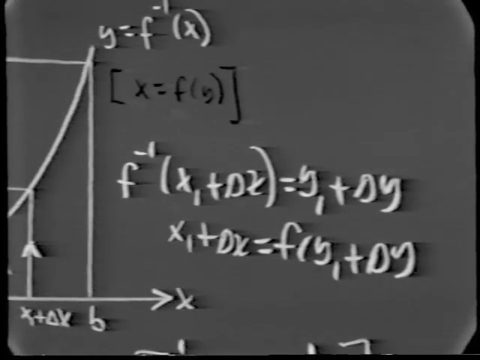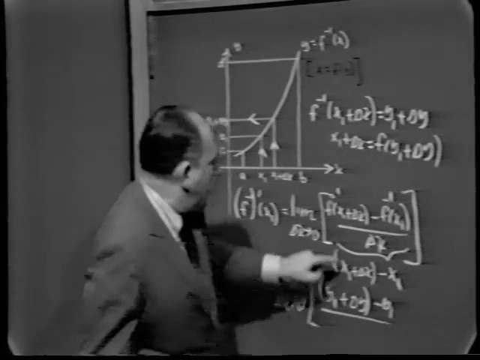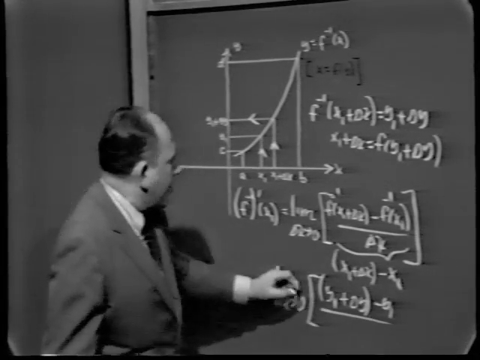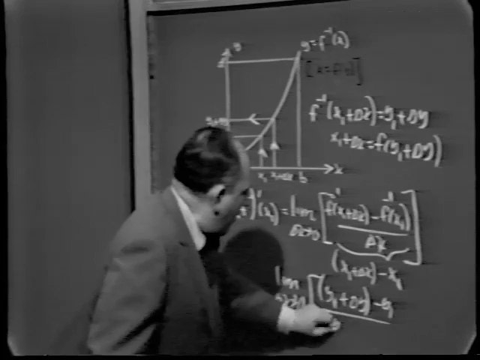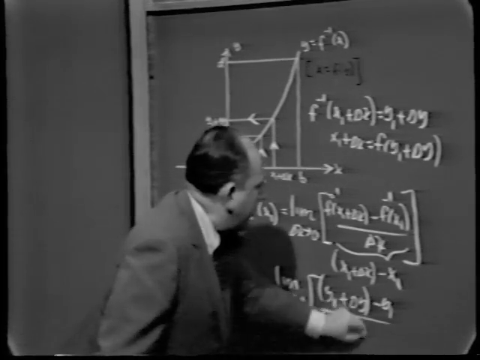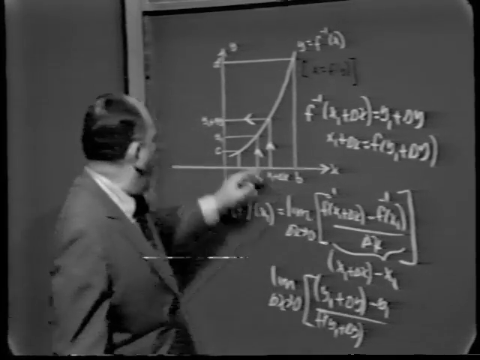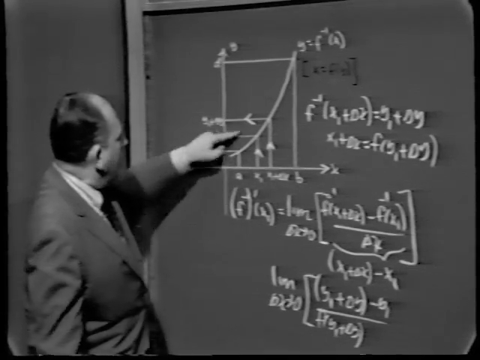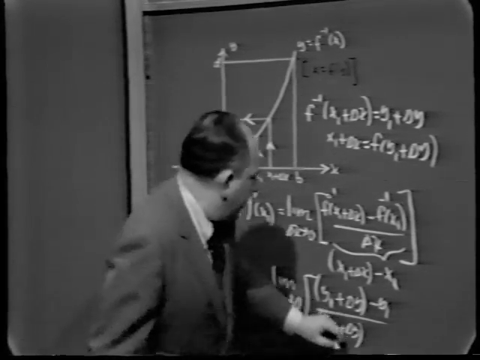See, in other words, this becomes what? x1 plus delta x is just f of y1 plus delta y, and x1 is just f of y1.